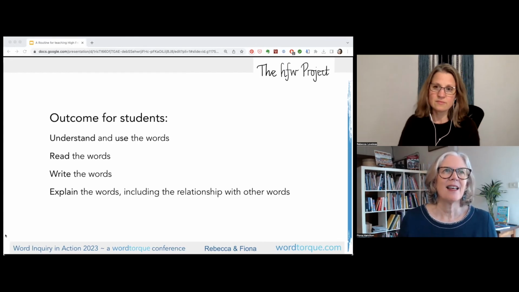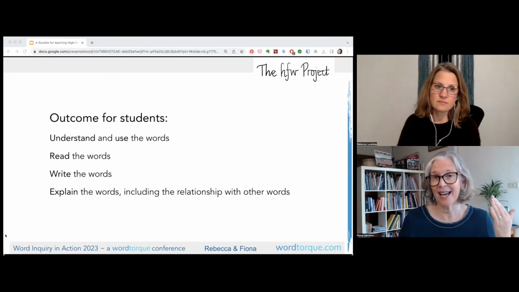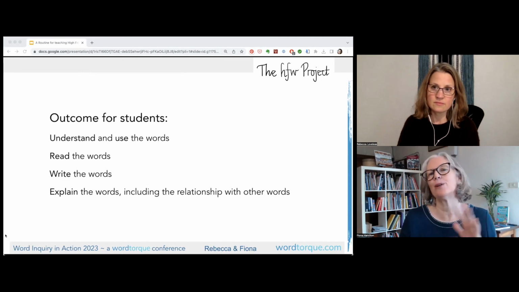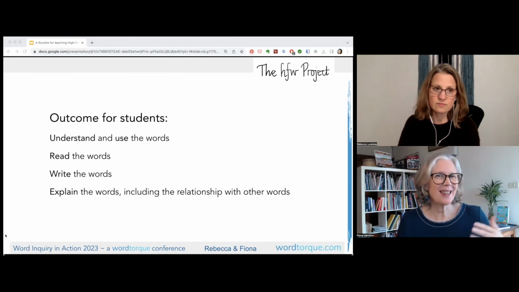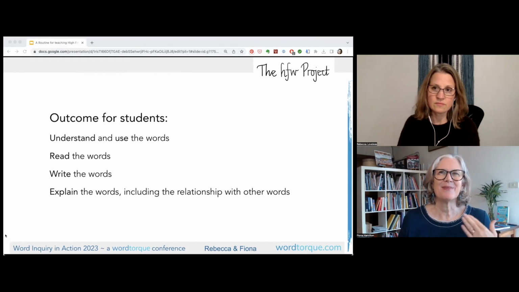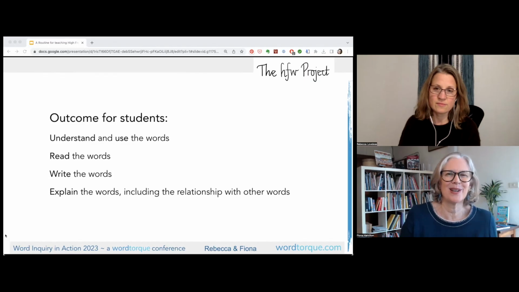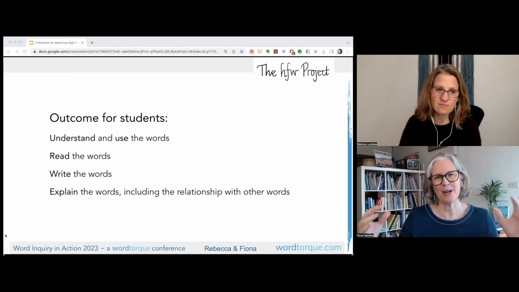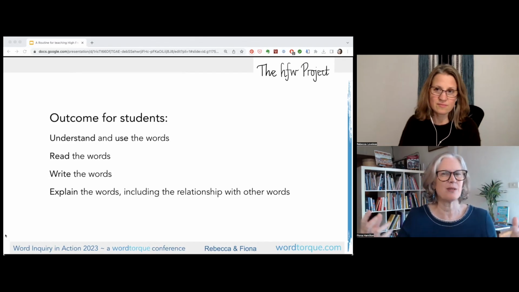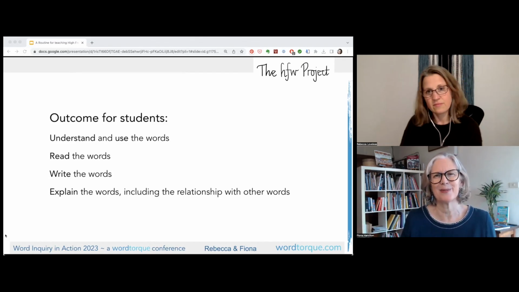So in fact, this teaching routine of anchor, analyze, practice can be used way beyond high frequency words. With content words, the anchoring of the meaning also extends to finding the family. It's just high frequency words don't have many immediate family members, and so the meaning game helps us to see the relationship with more distantly related words.